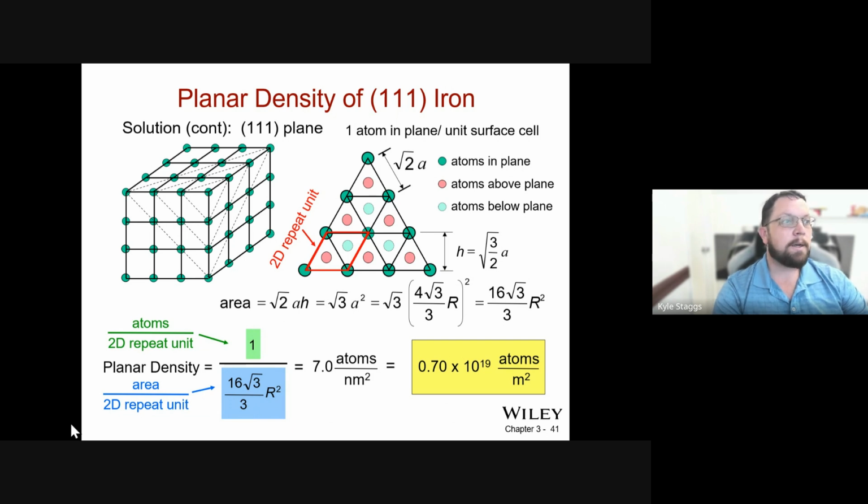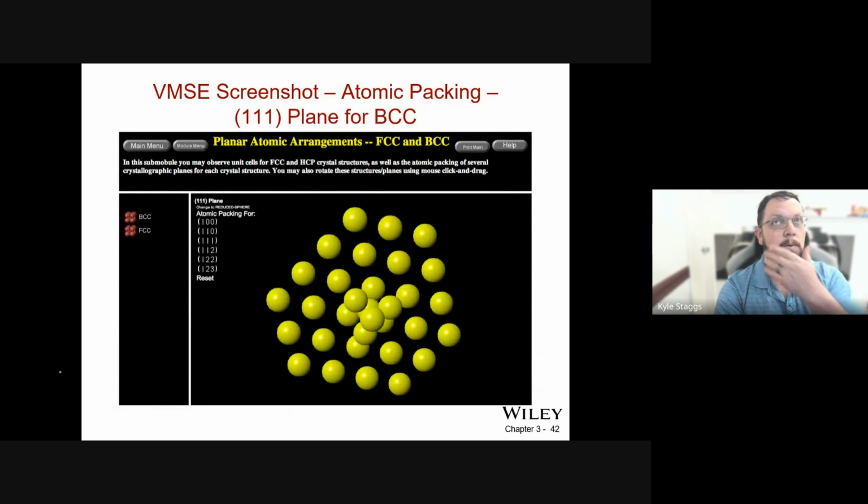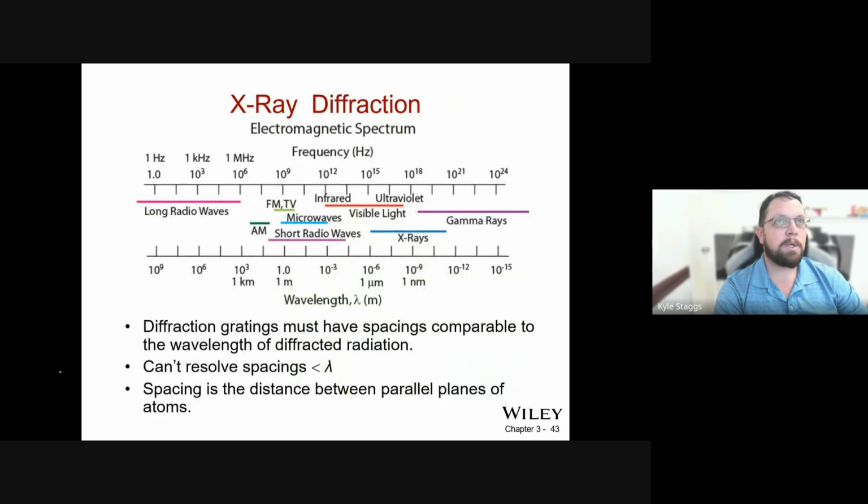Okay. Let's get back to this. So they show some examples in the visualizer of atomic packing factors. It's helpful to understand, but we're going to have some XRD labs that we're going to be working from.